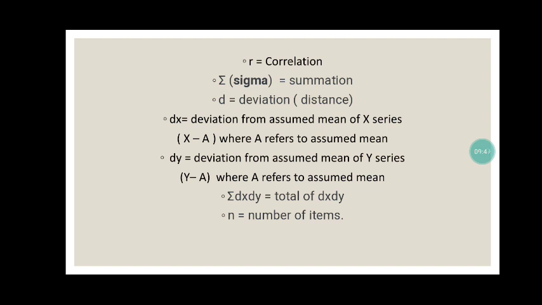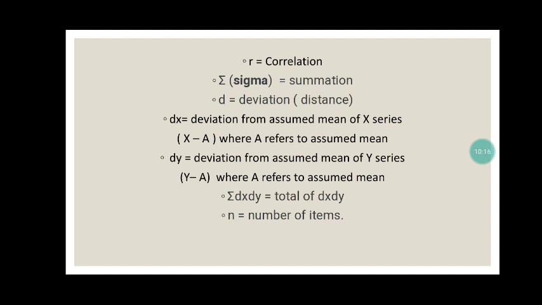Then the next thing we have in the formula is dy. Dy means the deviation from the assumed mean of the y series. While calculating the coefficient of correlation, we generally have two series. So the y series refers to the other variable, and the formula for deviation from the assumed mean of the y series is y minus a, where a again refers to the assumed mean.